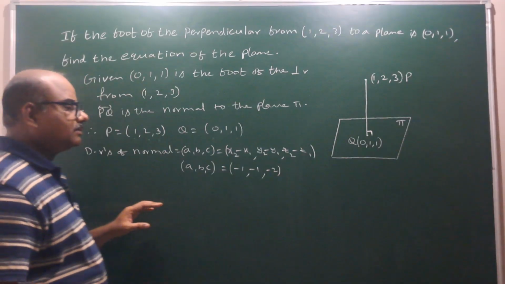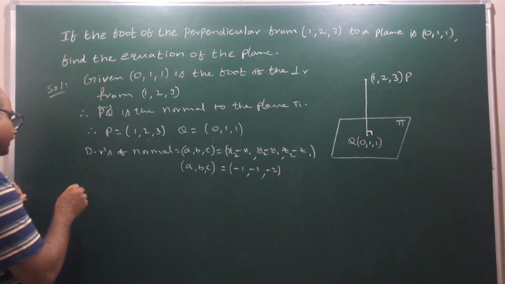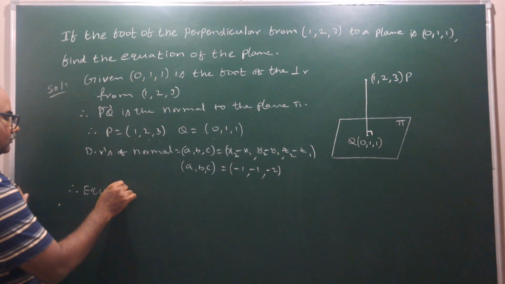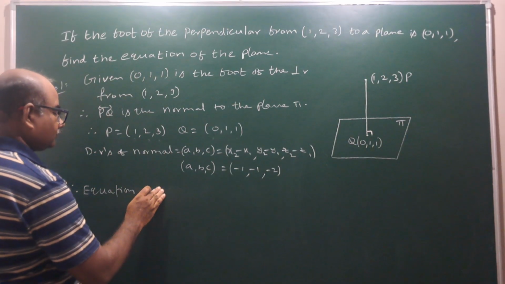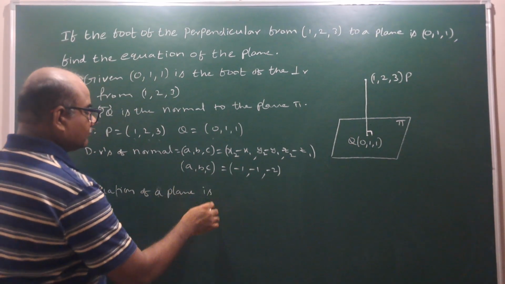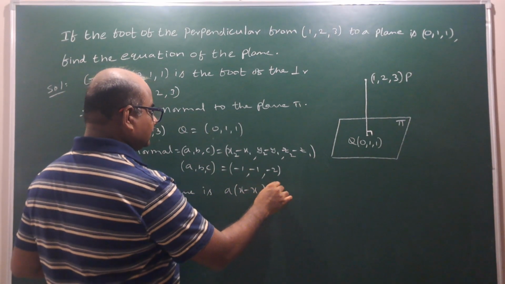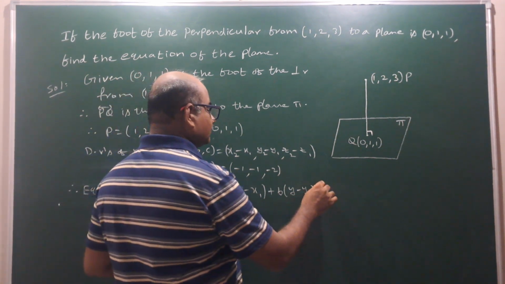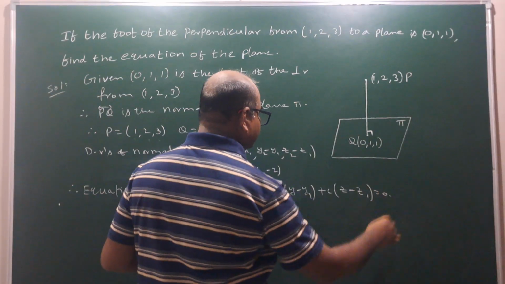And our plane contains this point Q (0, 1, 1). Therefore the equation of a plane, the formula, is A(x minus x1) plus B(y minus y1) plus C(z minus z1) equals 0.